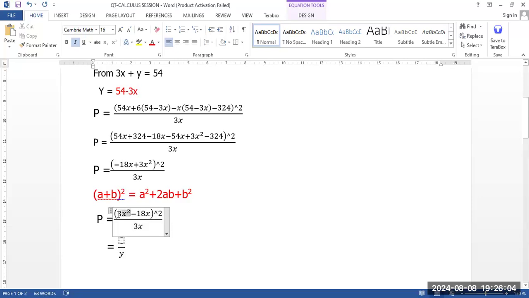Look at 3x squared as your A. So square that. It means that this will be 3 squared, you get 9. Then x squared times x squared, what do you get?